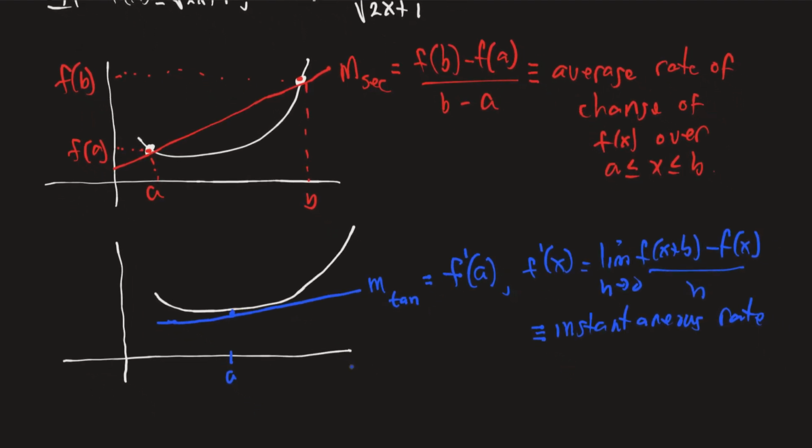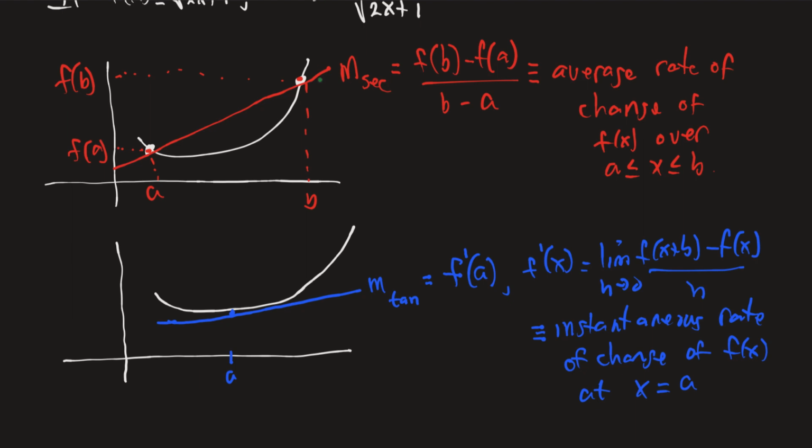But this one is not an average because it's not over an interval. It's at a specific point. So it's the instantaneous rate of change of our function. But look at how the wording changes: at x equals a, so at an instant, at what rate is my function changing?